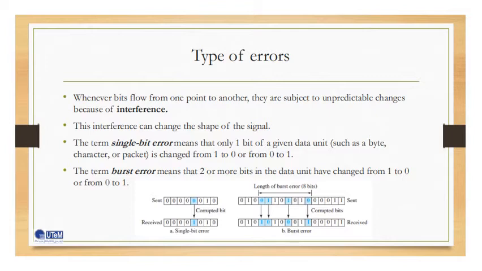If one bit of a given data unit is changed from 1 to 0 or from 0 to 1, this is called a single bit error. Only one bit is affected.